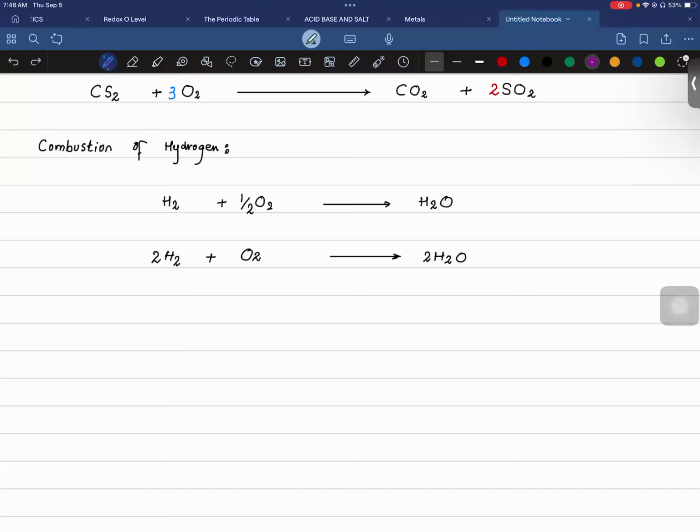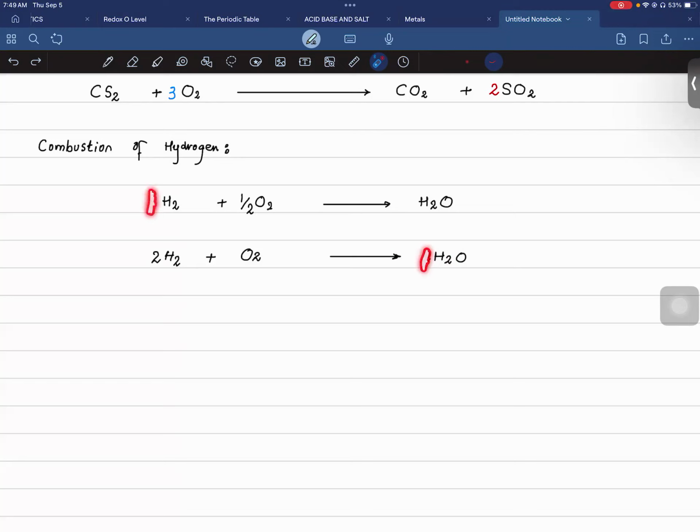Yes, Soha, can I say that this is a standard enthalpy change of formation? No, sir, because this is 2. It should be 1. It should be 1 for formation and it should be 1 for combustion.